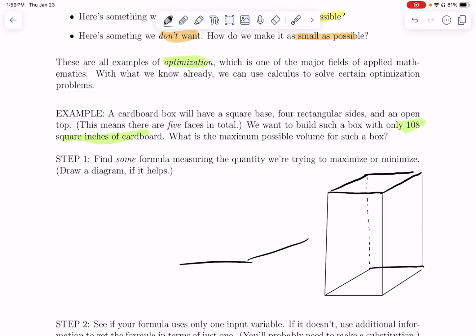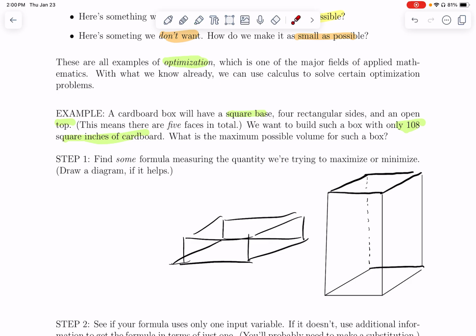Maybe there's another way to do it where the base is quite big, but we have a short box. This description is general enough that it's not saying exactly what this box will look like. It's just saying, here's the requirement. The requirement is that it has a square base and an open top. We want to find the maximum possible volume for such a box.